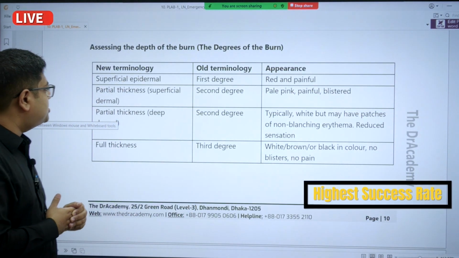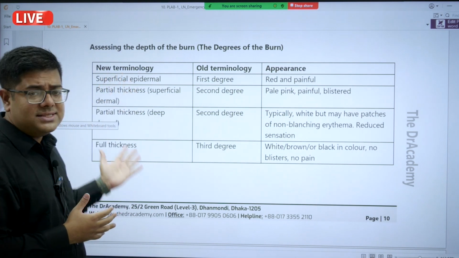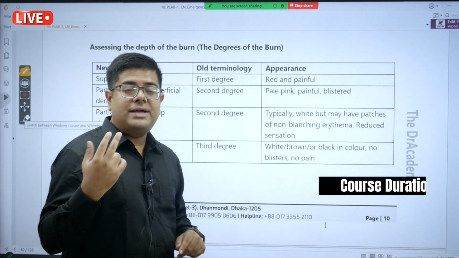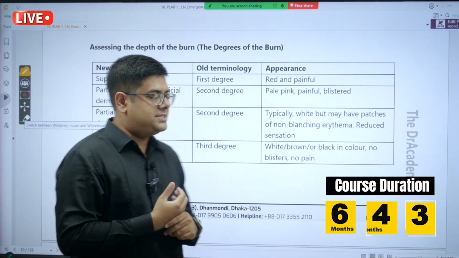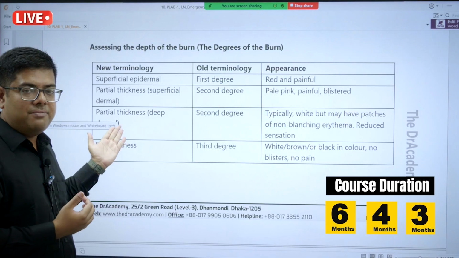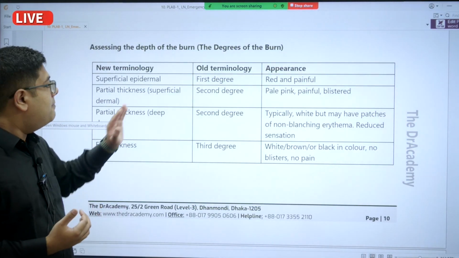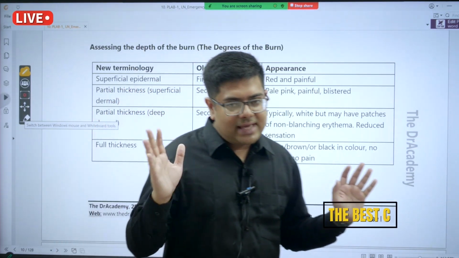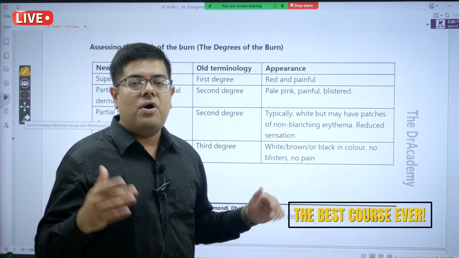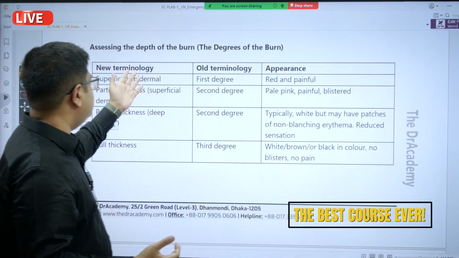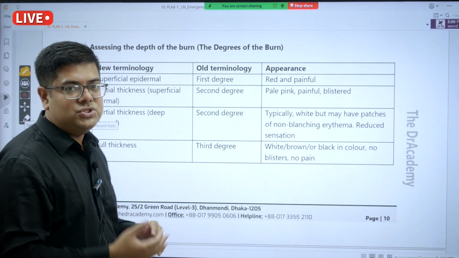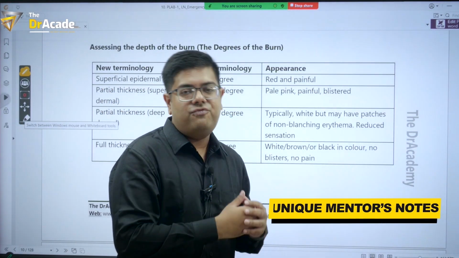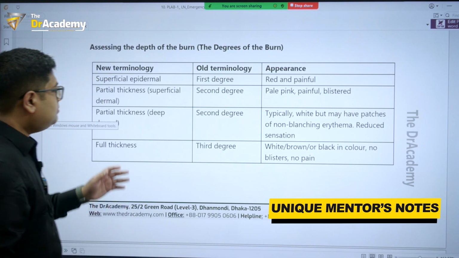So you have to memorize the classification of burn. Previously we used to say first degree, second degree, third degree. You can say that, but for our exam you have to memorize the new terminology: superficial epidermal, superficial dermal, then deep dermal, then full thickness burns.